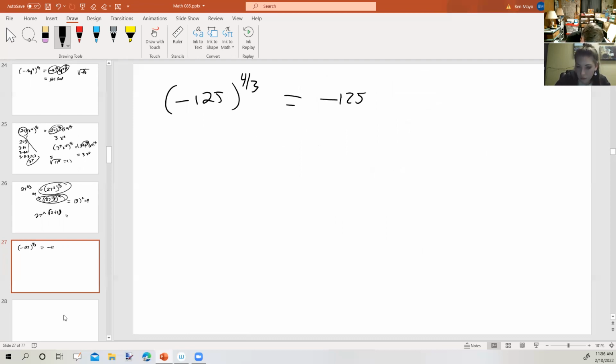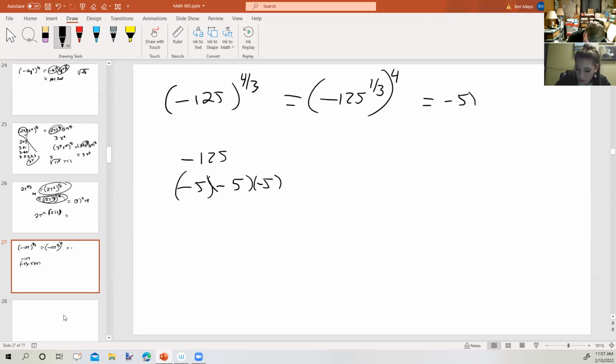I think I would choose to do the root first and then the power. What's the cube root of negative 125? Well, negative 125 is negative 5 times negative 5 times negative 5. So that's going to be negative 5. And then raising that to the 4th power is going to be negative 5 times negative 5 times negative 5 times negative 5, which is 625.